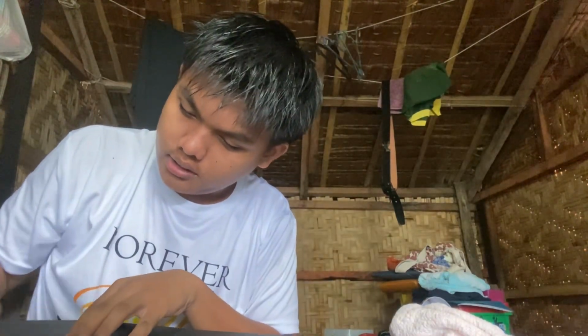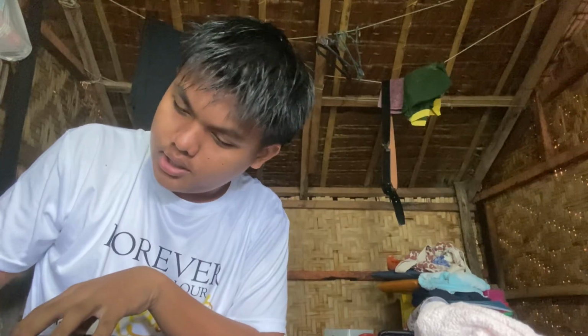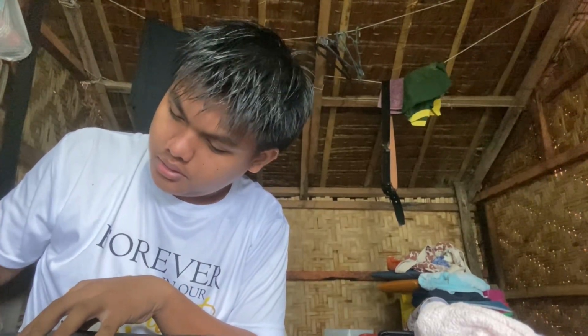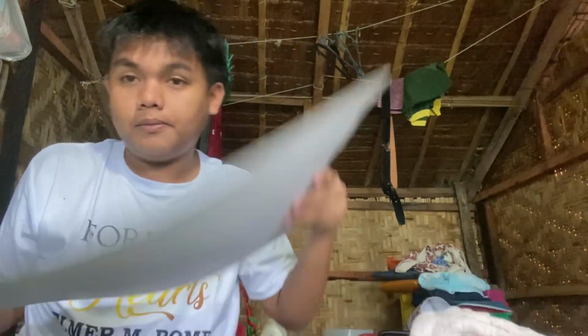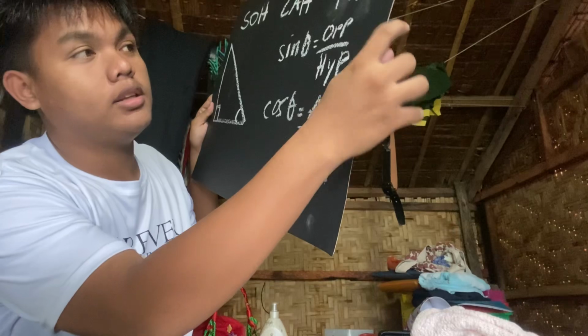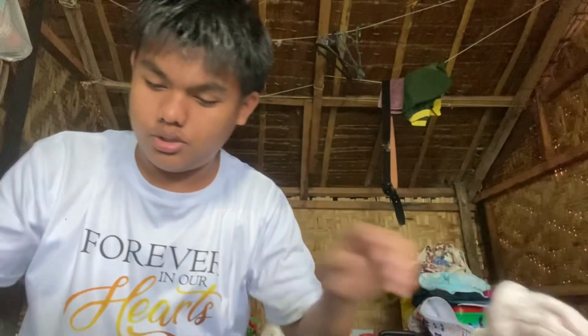Cos theta equals adjacent over hypotenuse. And TOA stands for tangent equals opposite over adjacent.